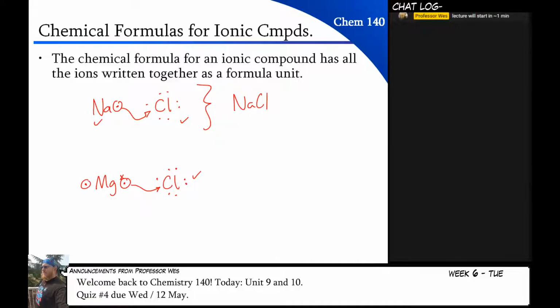But then I still have to do something with this electron. Where does it go? I can't give it to this chlorine. It already has an octet. So what I need to do is find a second chlorine to give it to. So here would be my second chlorine. I can give this electron to that so that this has an octet, and now this does too.